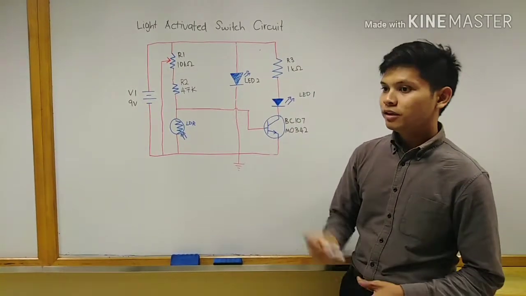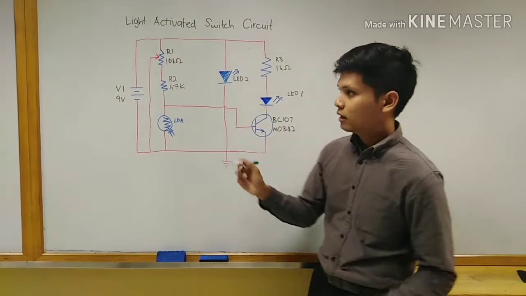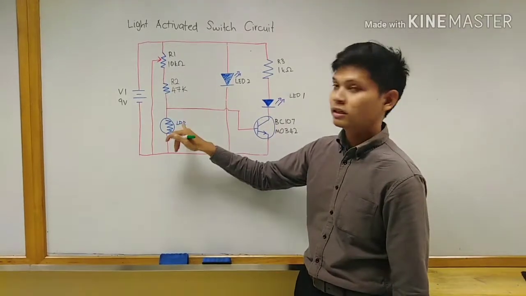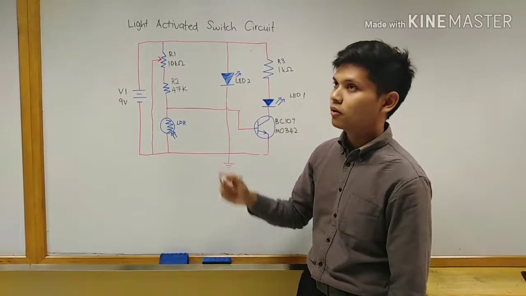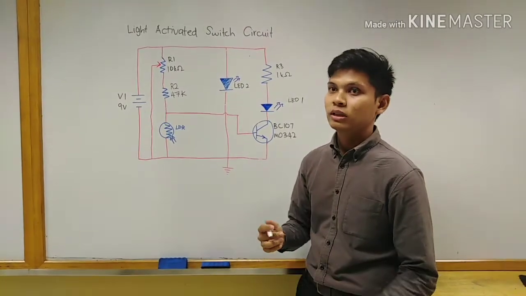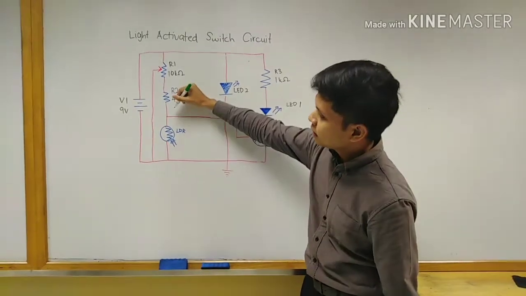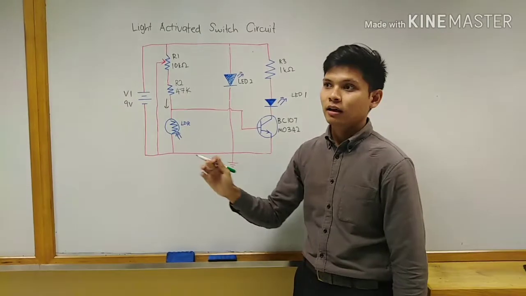So what if it is night? When there is no light on the LDR, the resistance increases drastically, around 20k or 16k, something like that. When the current is here, it will decide.